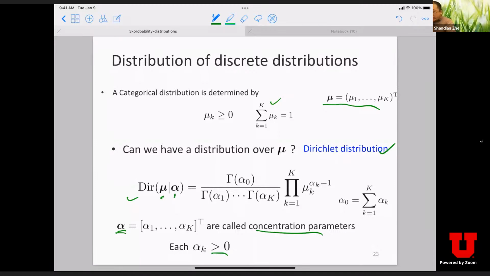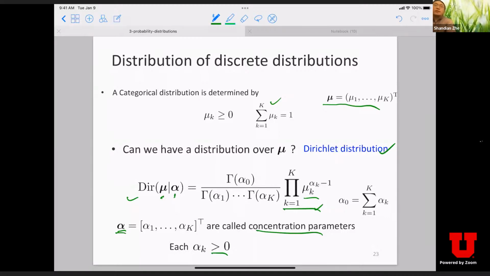The density of the Dirichlet distribution has the following form: a product from k equals 1 to big K, and each term is mu k to the power of alpha k minus 1.